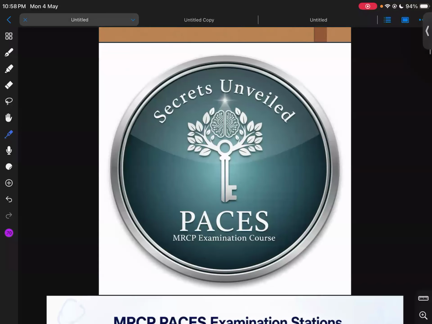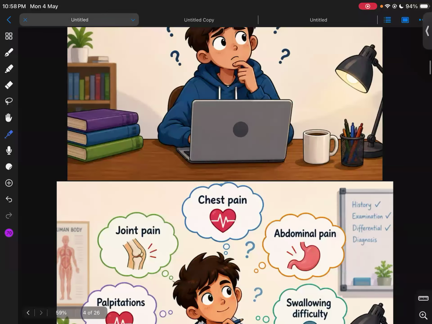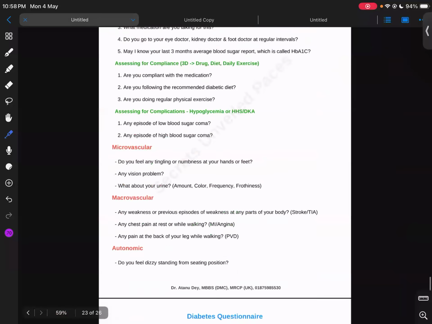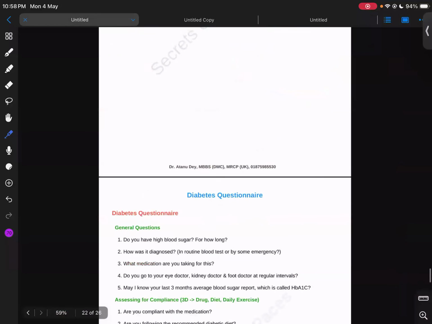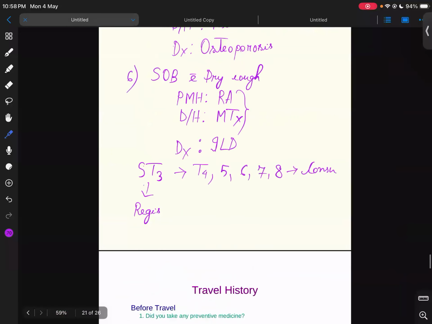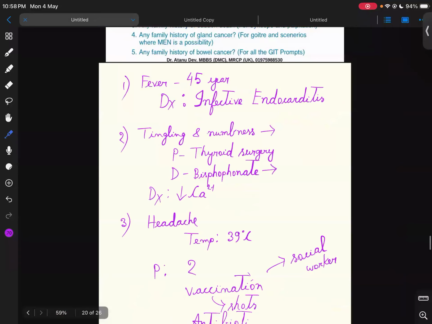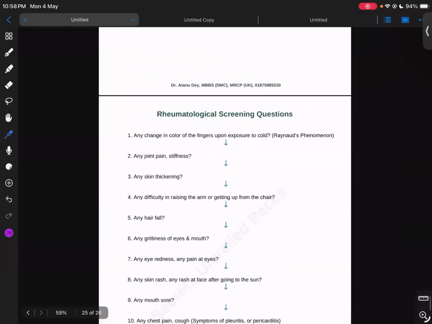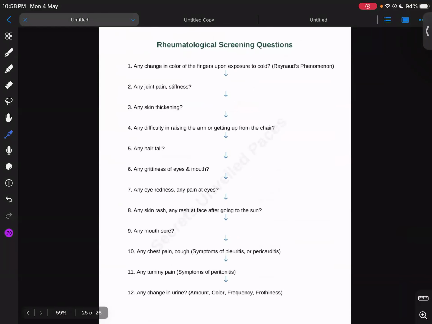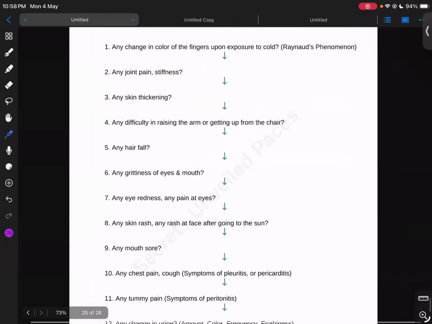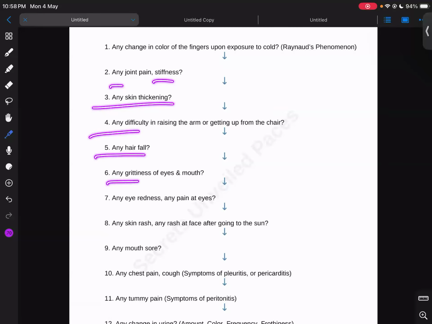In our introductory session today, we have skipped a portion of the rheumatological set of questions that will cover all the rheumatological diseases. We are going to discuss it in detail in the musculoskeletal session. That is, any change in the color of fingers after exposure to cold, any joint pain, stiffness, skin thickening, difficulty in raising arms, hair fall, eye grittiness, eye redness, any mouth rash, any facial rash, any mouth sore.